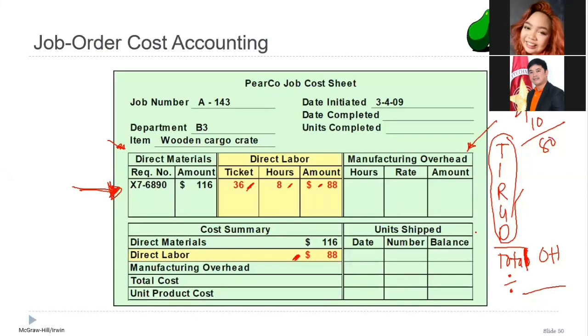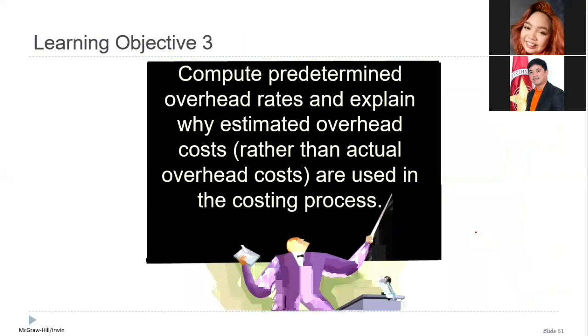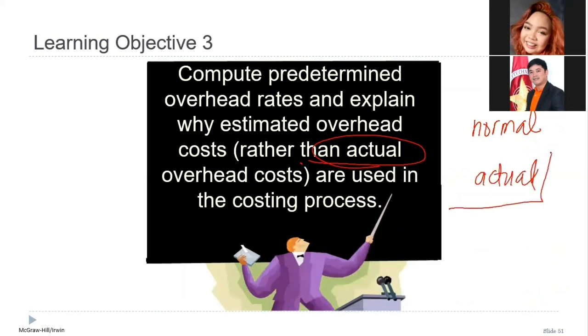So this time, actually the question came early, but this is the time that we are going to compute the predetermined overhead rates, and we are going to explain also why estimated overhead costs are used in the costing process instead of actual overhead. Or in other words, why use a normal costing system instead of an actual costing system?